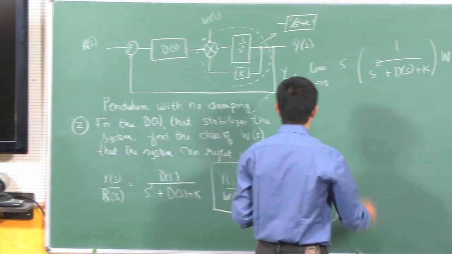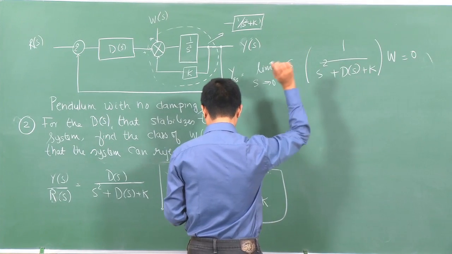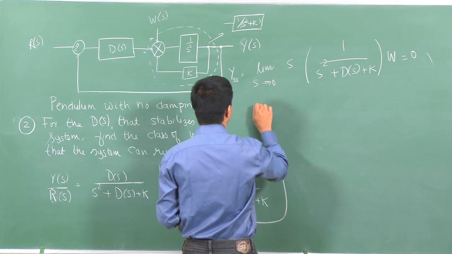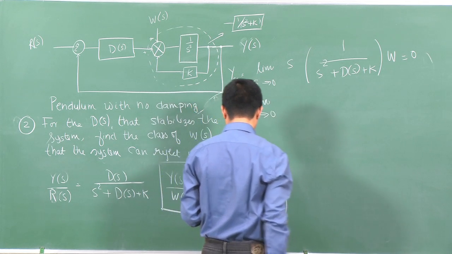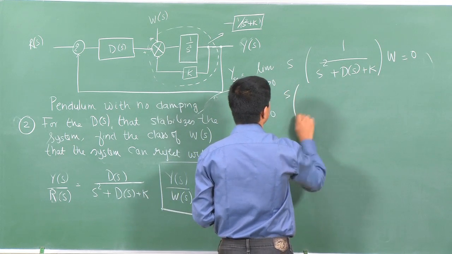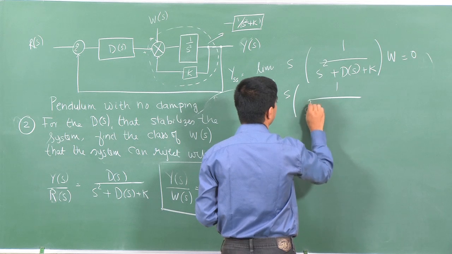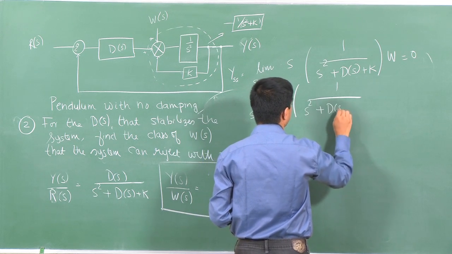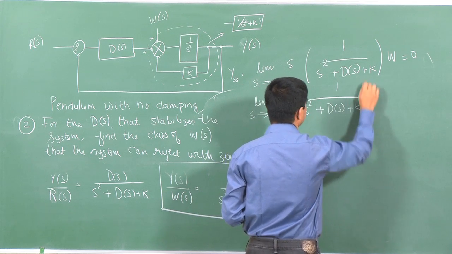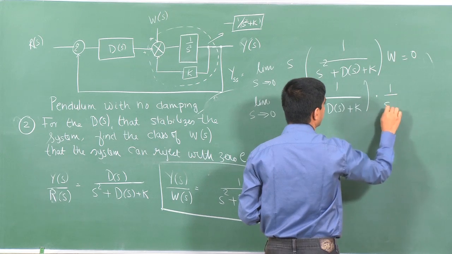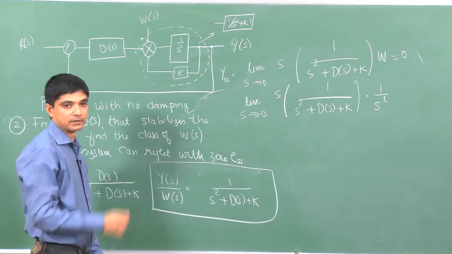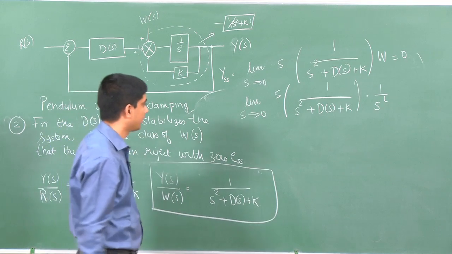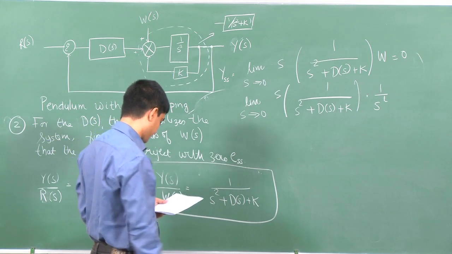So this would mean that this is the limit as s goes to 0 of s times 1 over s squared plus D(s) plus k, and let me assume that W is of some form s to the power l, which could be a step, a ramp or a parabolic kind of thing and so on.